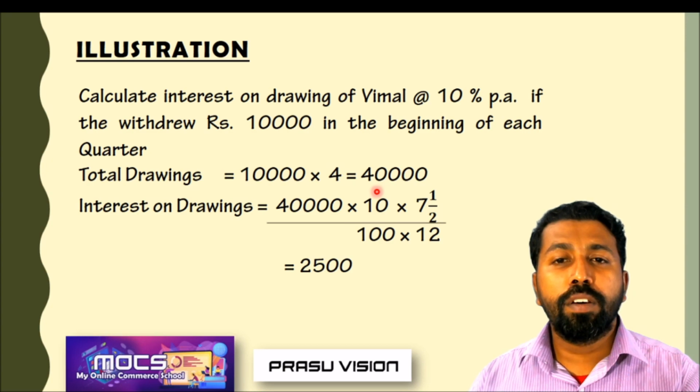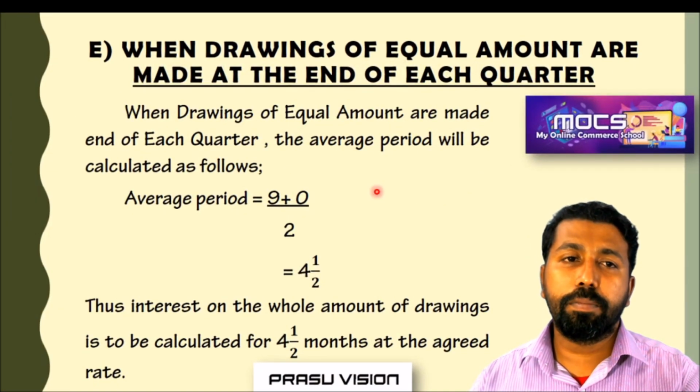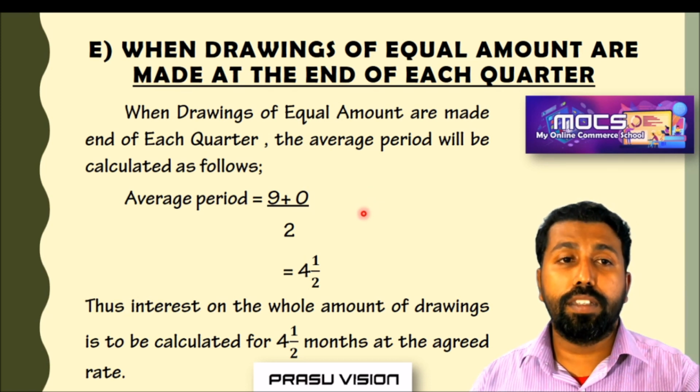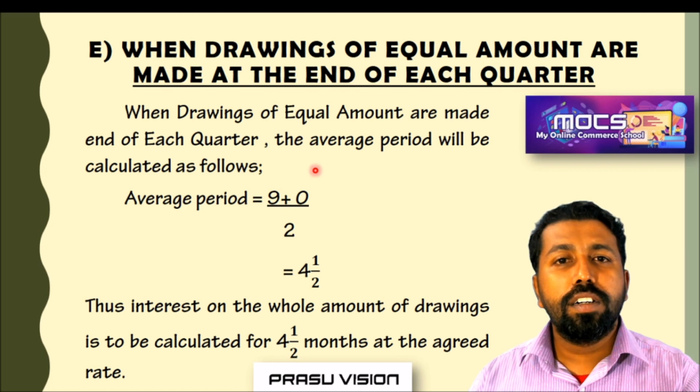Fifth case, when the amount is withdrawn at the end of each quarter. At the end of each quarter means at the end of the third month. Suppose the financial year is January to December.